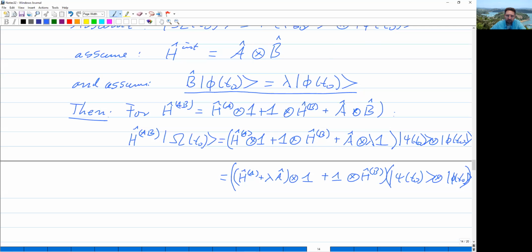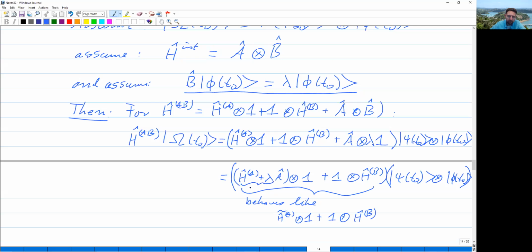And so this then behaves like some H hat tilde A tensor 1 plus 1 tensor H hat B, where H hat tilde is simply this here, right?